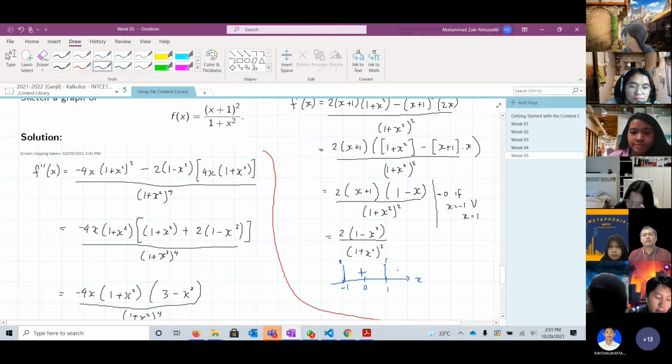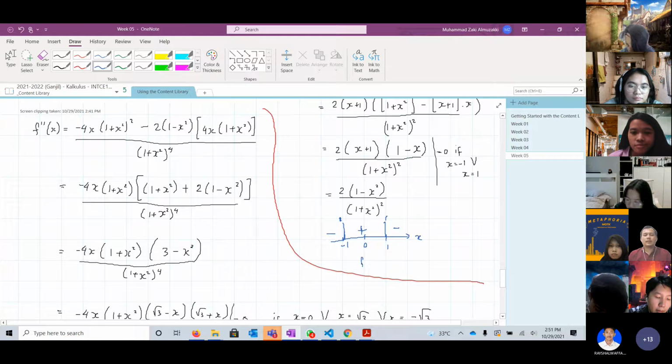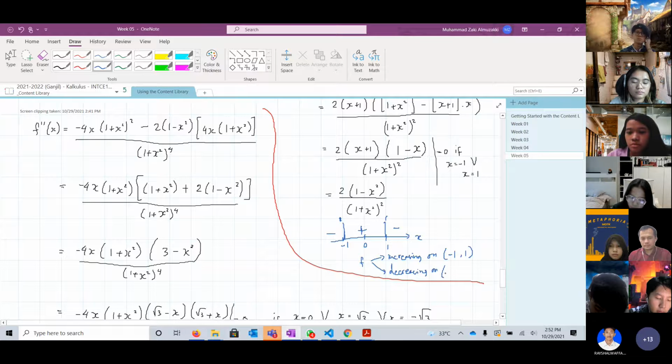And then the rest are negative. So in this case, we have that f is increasing on minus 1 to 1 and decreasing on minus infinity to minus 1 or from 1 to infinity.